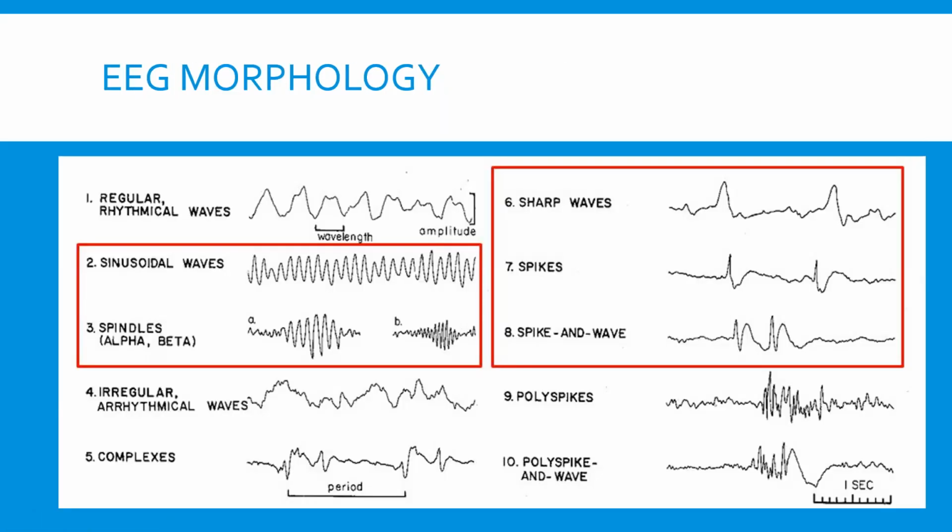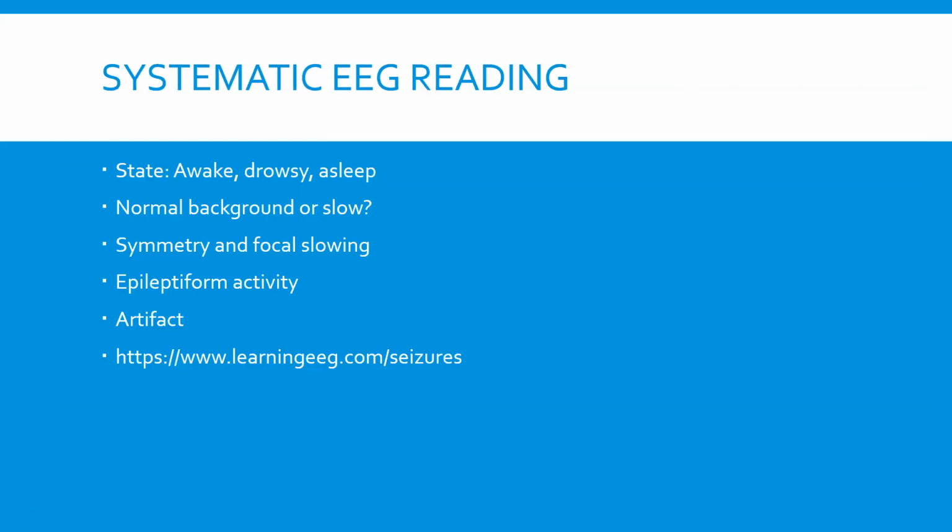Okay, so we talked about frequency, location, and morphology, and now I'm going to talk about a systematic way of looking at EEGs, and this is literally what I tell the fellows. Whenever we open an EEG, the first thing I ask the fellow is whether the patient is awake, drowsy, or asleep, because the EEG is going to look very different depending on that. So I always ask them, what state are we looking at? Then we look at the background.